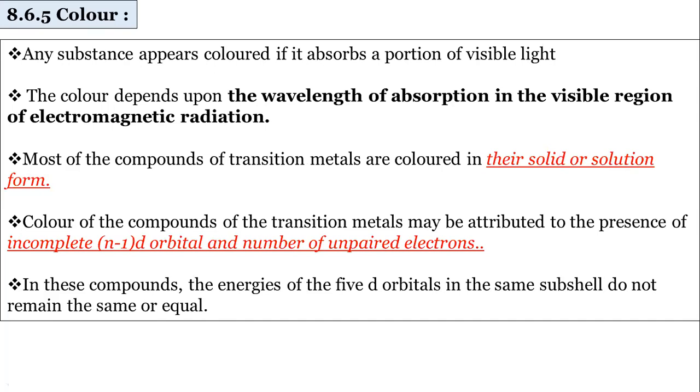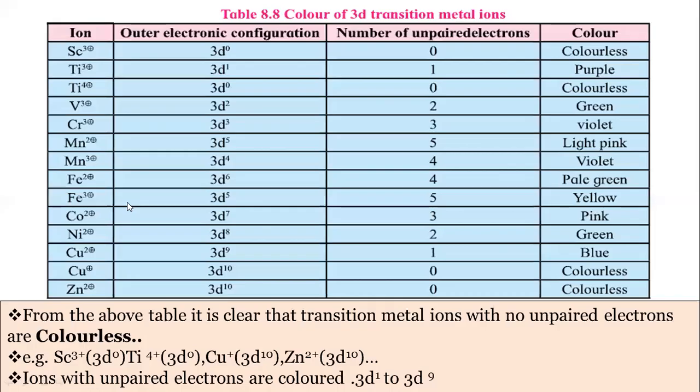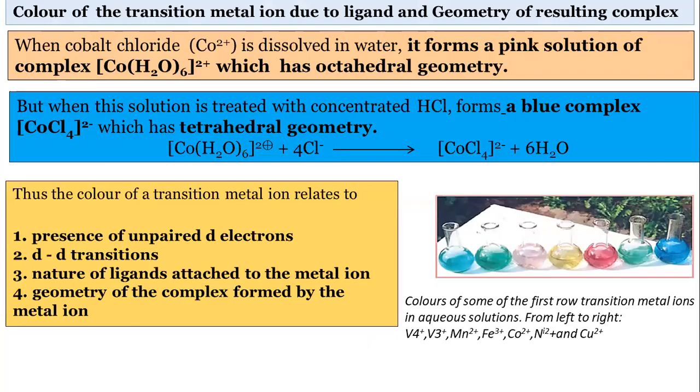These colors are due to four parameters. These four parameters can explain why these d block elements are colored. The color of the transition metals is due to these four factors. The first factor is the presence of unpaired d electrons.